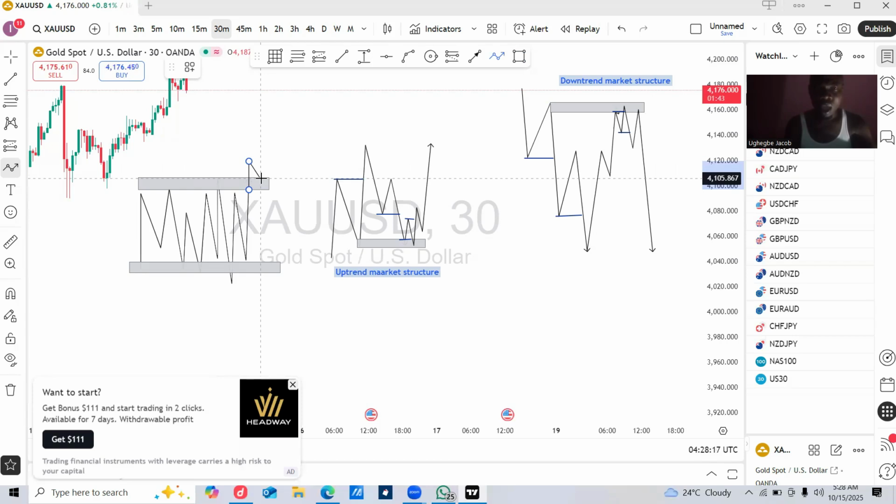But if I'm trading a ranging market, I will allow the market to tap this zone and push up to take this high here. Once the market has taken this high, I will allow the market to pull back to tap this block that broke that high before I buy the market.